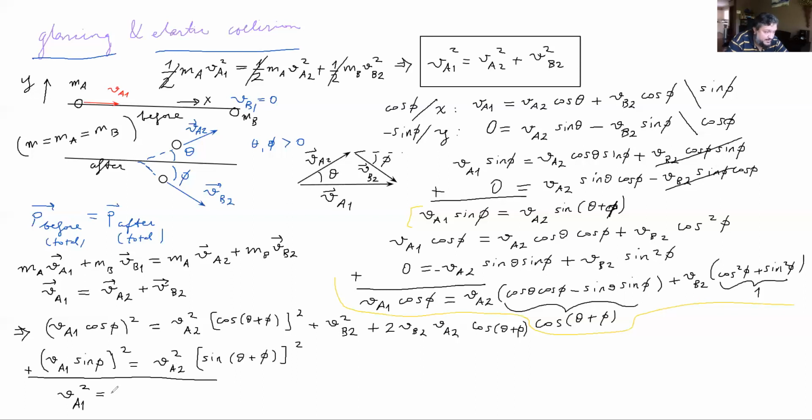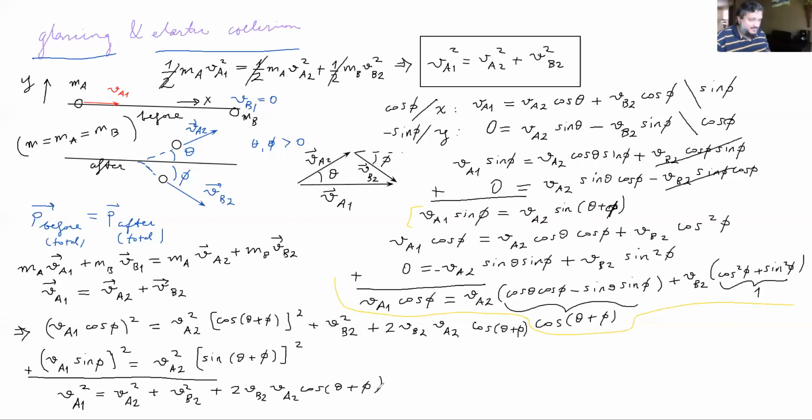Now equals. Now you factor VA2 squared. And what is left? Cosine squared plus sine squared. Again, 1. Plus VB2 squared from here, plus this term, 2VB2 and VA2 cosine theta plus phi.